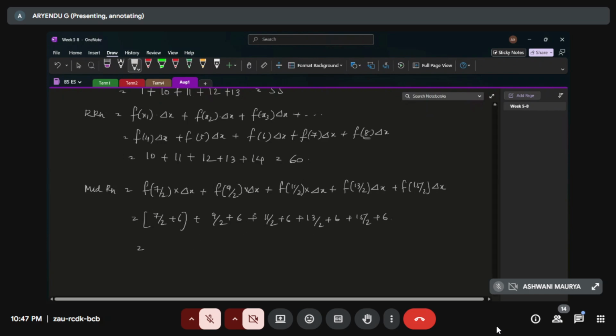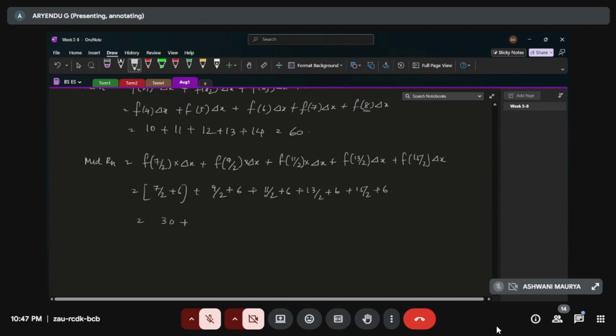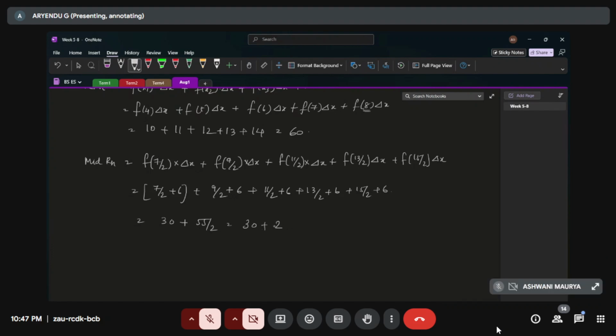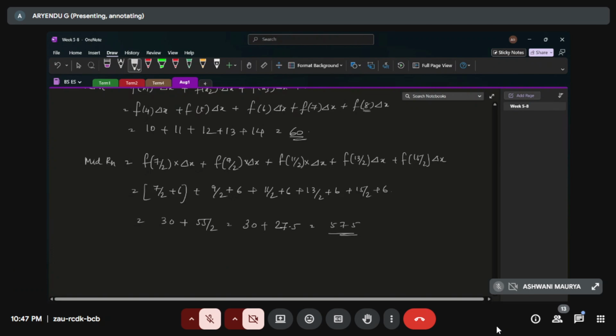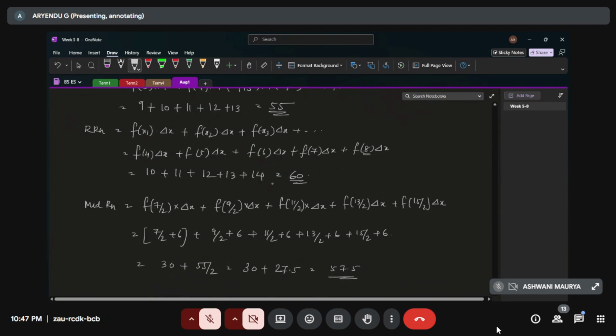So we will get 30 plus 55 by 2, which should give us 30 plus 27.5, which is approximately 57.5, which is what I mentioned earlier, saying that left Riemann sum is 55, mid Riemann sum is 57.5, and right Riemann sum is 60.